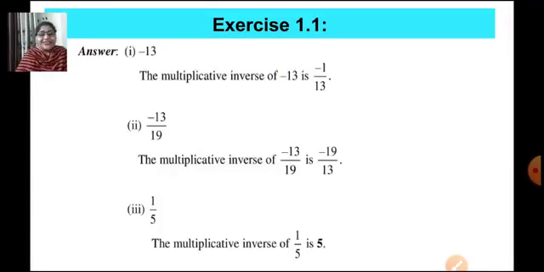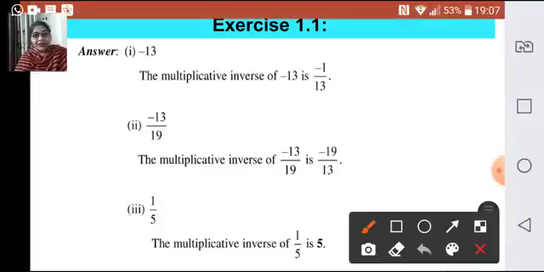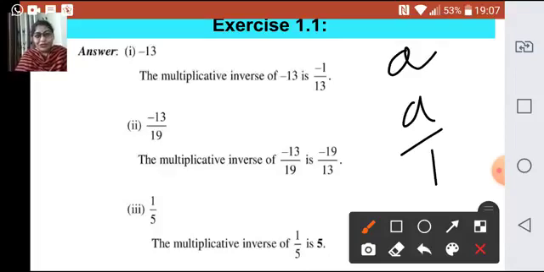Very easy it is. Negative 13. So we take the reciprocal of negative 13. Whenever I have given any value, writing it as a rational number, how do we write? a upon 1. Yes or no, children? In the form of p upon q. So any number given like this can be considered as upon 1, children.